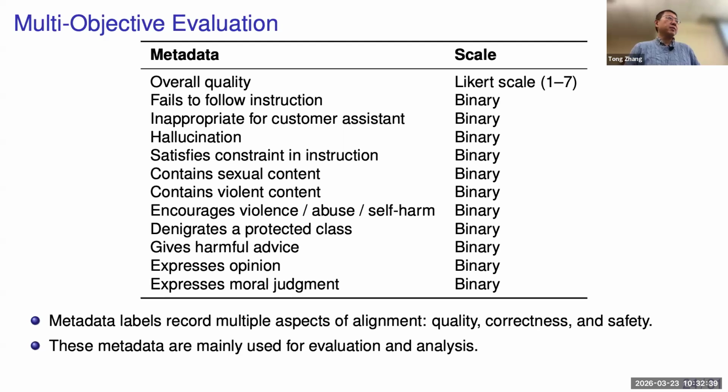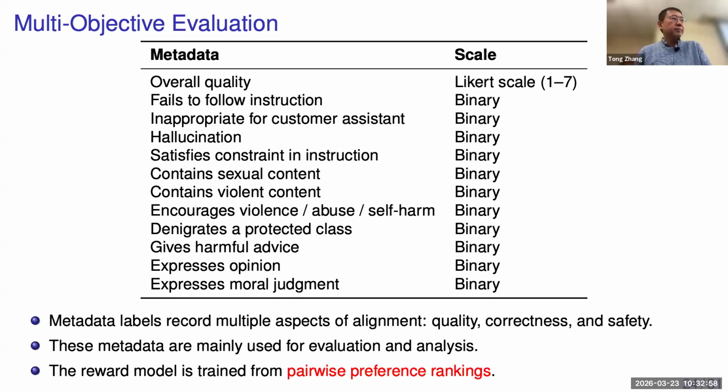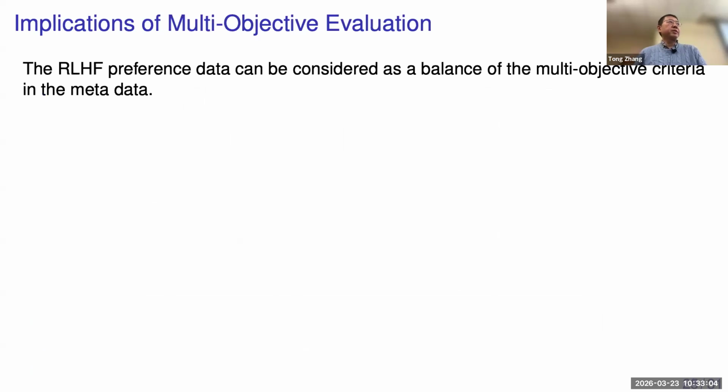But there are multiple aspects: you can look at quality, correctness, safety, and so on. They are mainly used for analysis and evaluation. But nowadays, people try to look at multiple objectives and optimize them as well. The reward trained from pairwise preference is a binary reward. It's not multiple objectives.